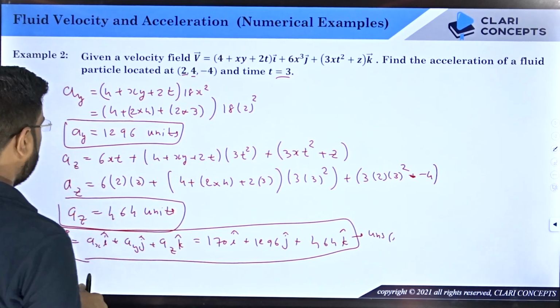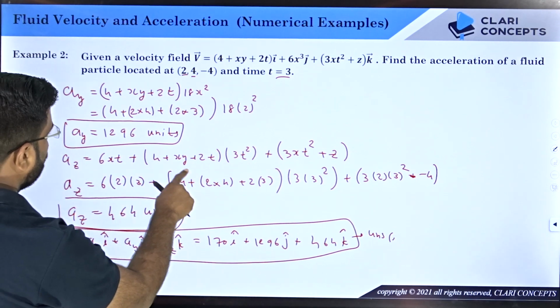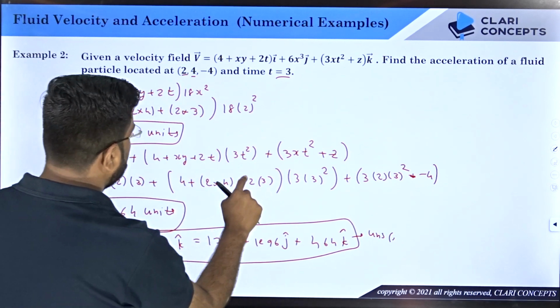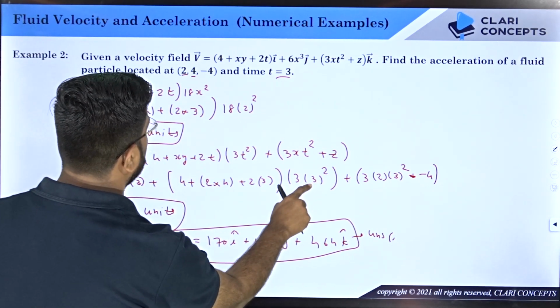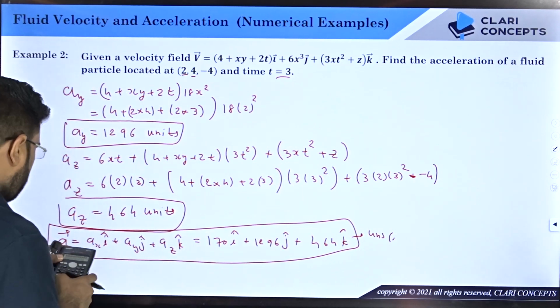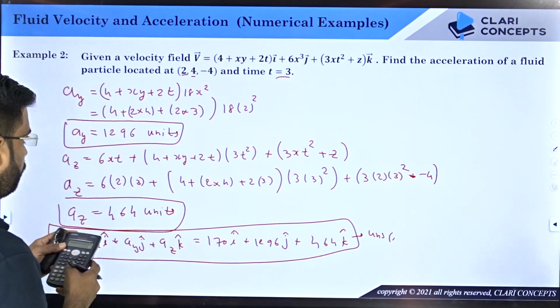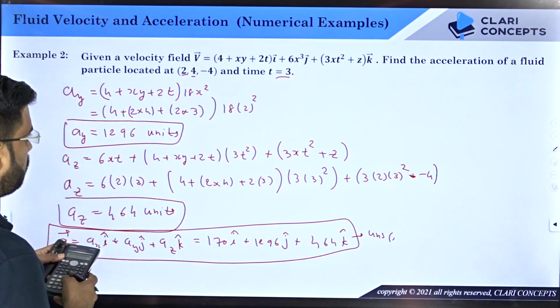Okay, so let me check the values. x is 2, y is 4, t is 3. Let me just calculate it once again. 4 plus 4 to the 8 plus 6 into 3t square.